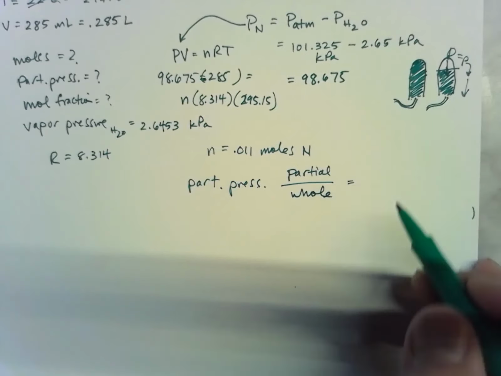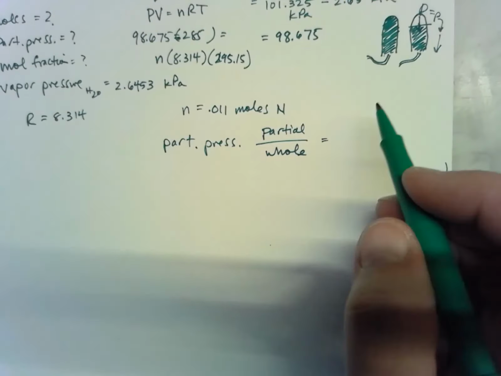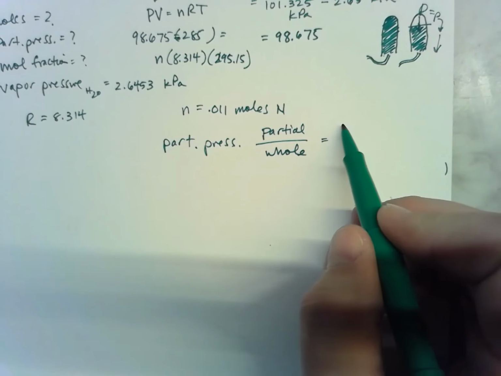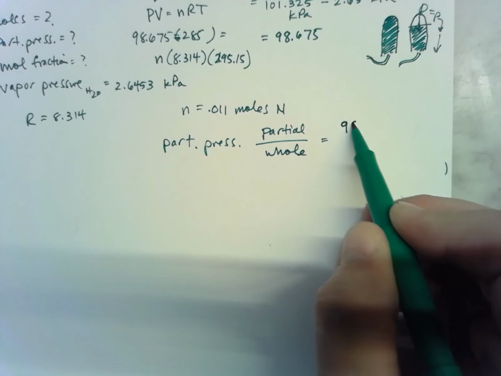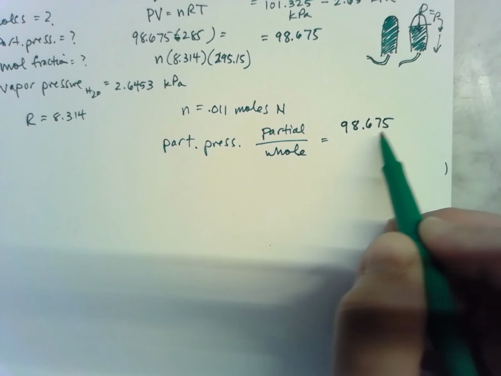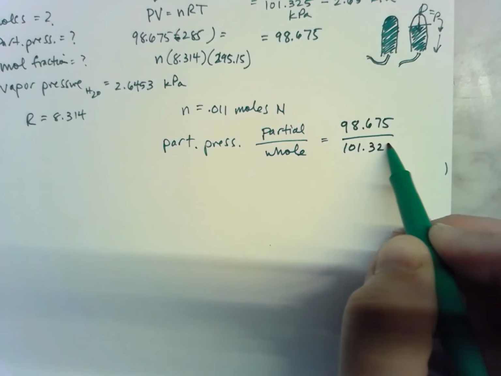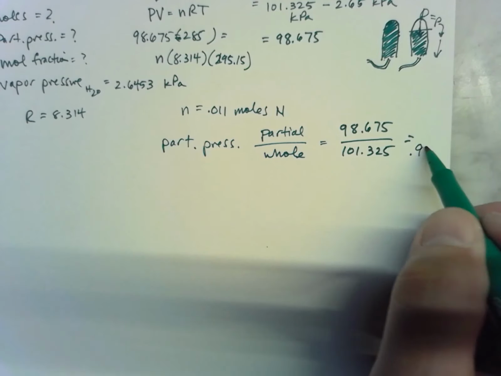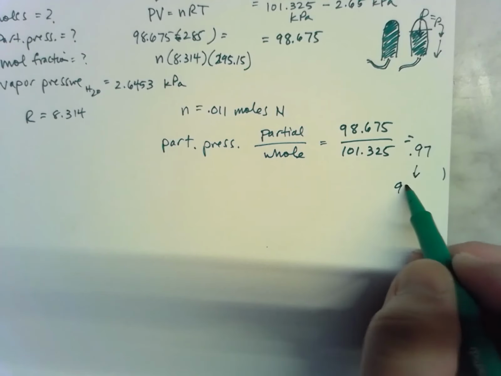And so what's that going to be? What's our partial pressure? 98.675 over 101.325. So that is 0.97, which goes to 97%.